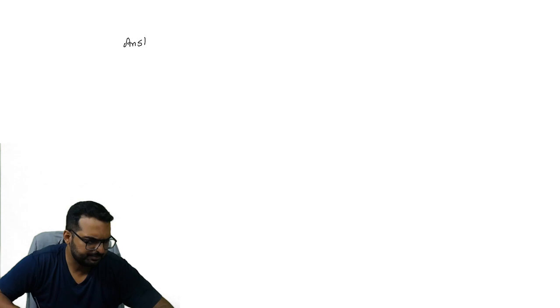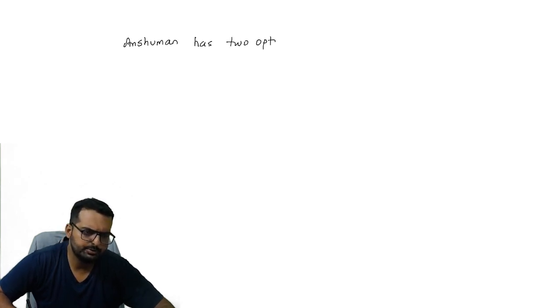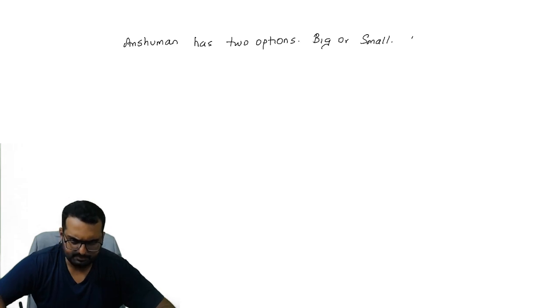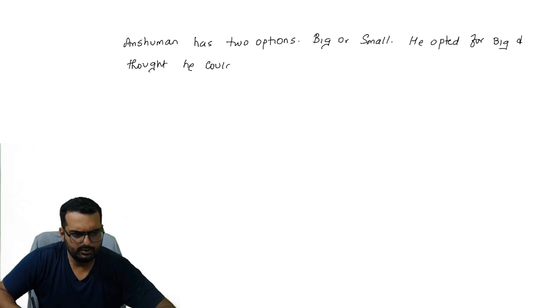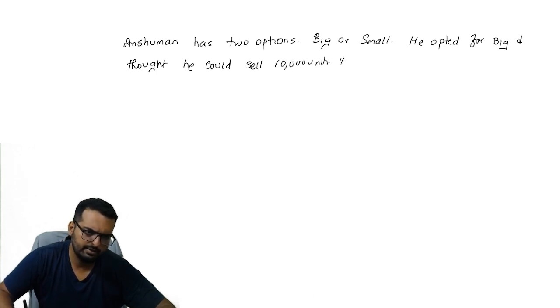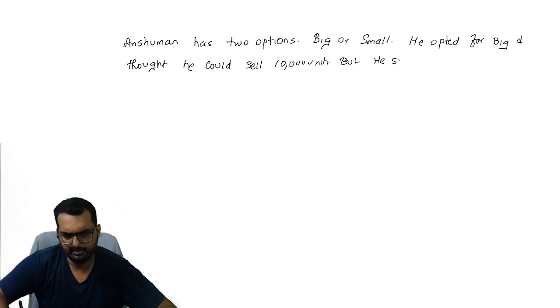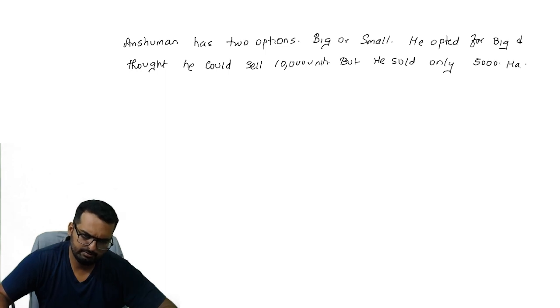Anshuman has two options, big or small. He opted for big and thought he could sell 10,000 units. But he sold only 5,000.